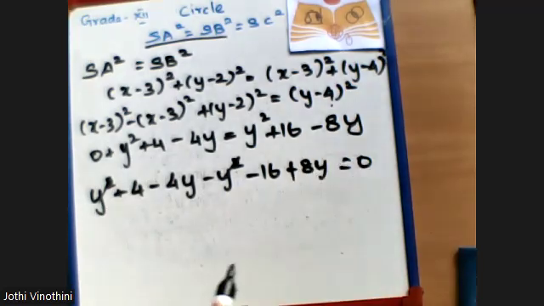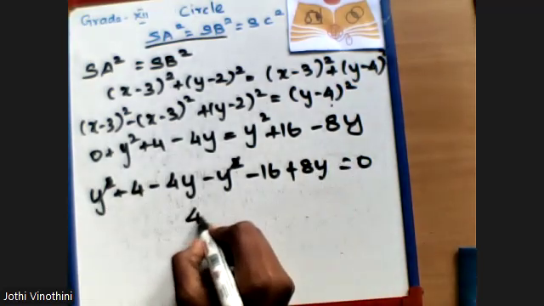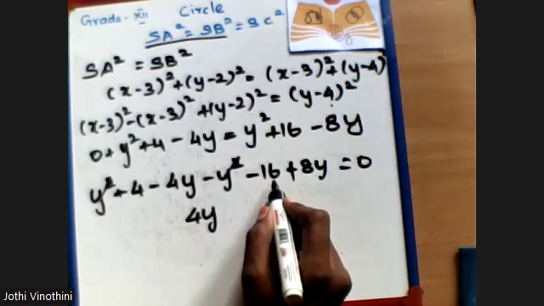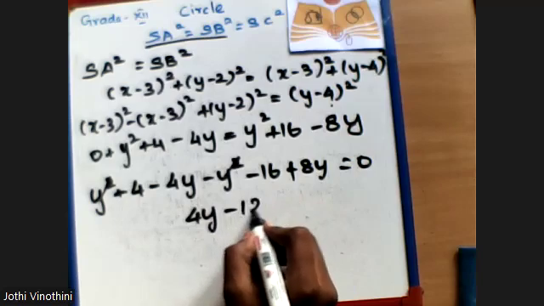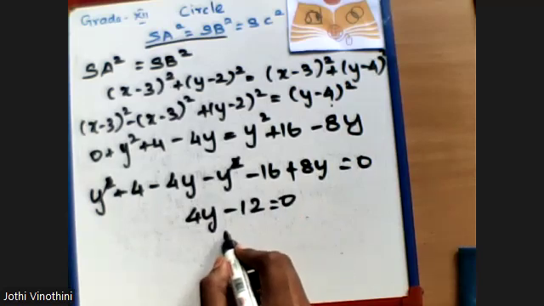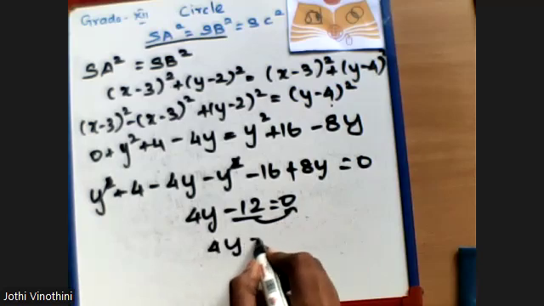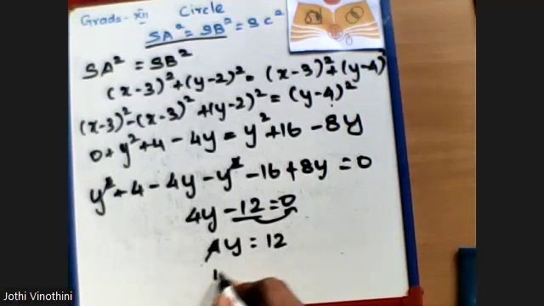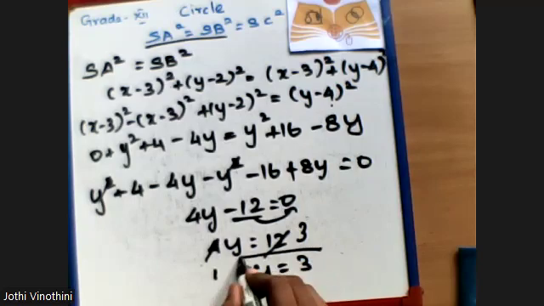Minus 4y plus 8y will be plus 4y. Minus 16 plus 4 will be minus 12, which equals 0. I'm going to move this 12 here. 4y equals 12. 1 4 is 4, 3 4s are 12. So y equals 3.